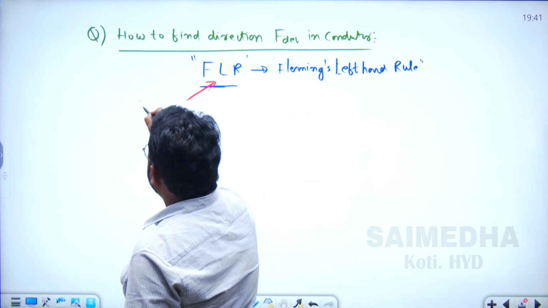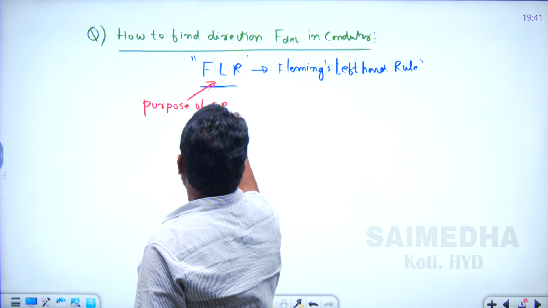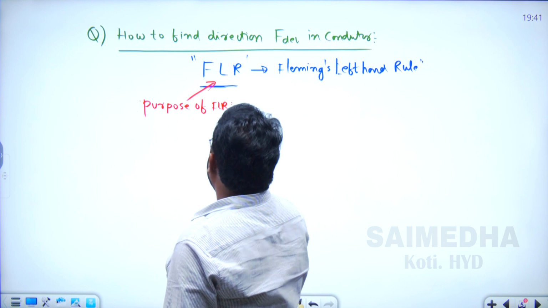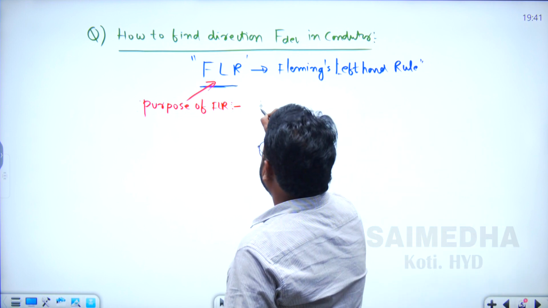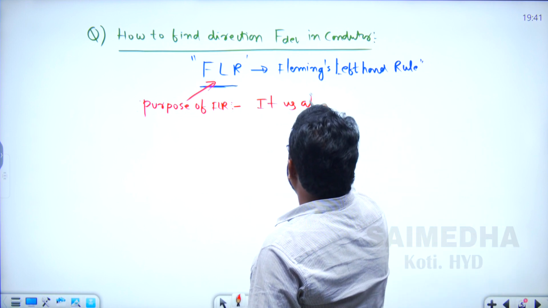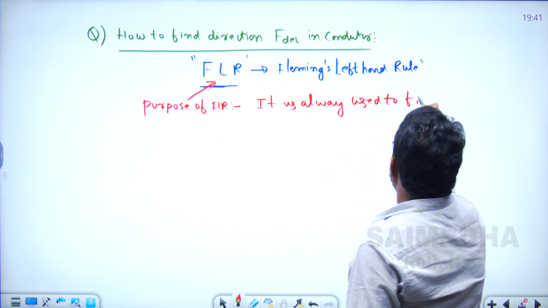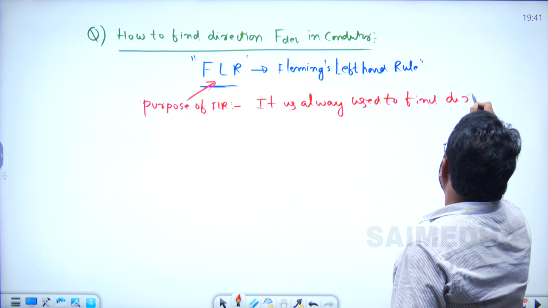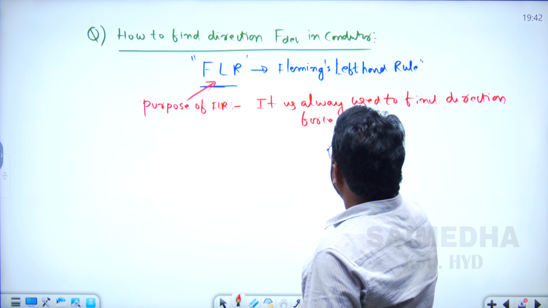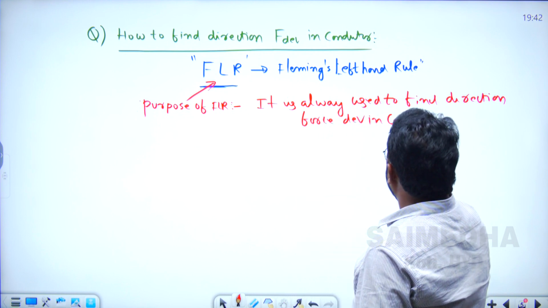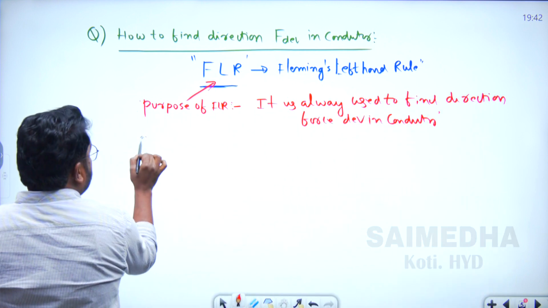Sometimes we have this question. The purpose of the FLR is that it is always used to find the direction of the force developed in the conductor. Clear my point? So this is the FLR. So what is exactly the statement of the FLR?